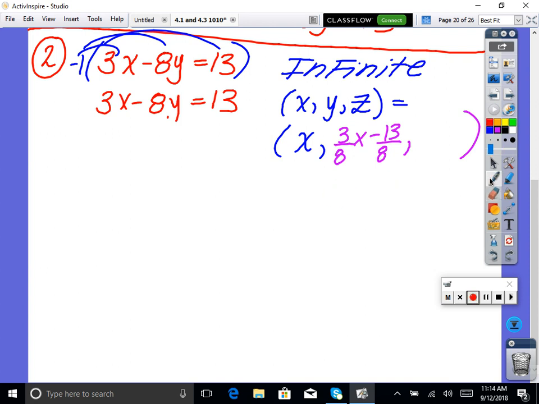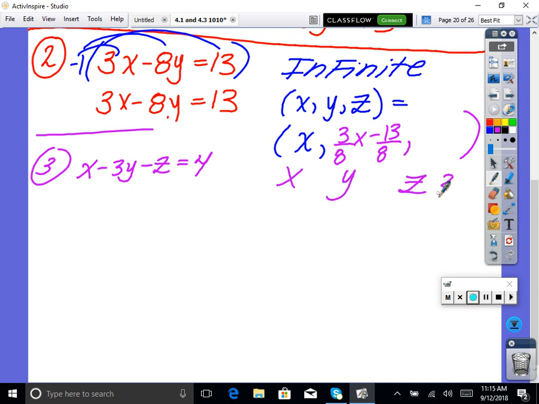Okay, we're on step 3 now. Can anyone tell me an original equation, one that doesn't have... x minus 3y minus z equals 4. Aren't we trying to get z equals something in x and y? We're saying what's z, so we need it to be z equals. Subtract x, add 3y.